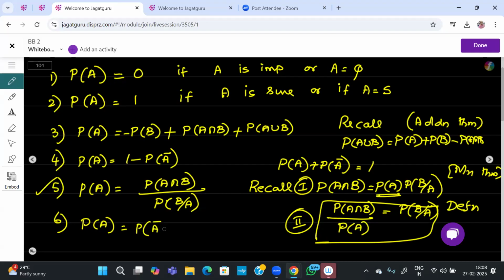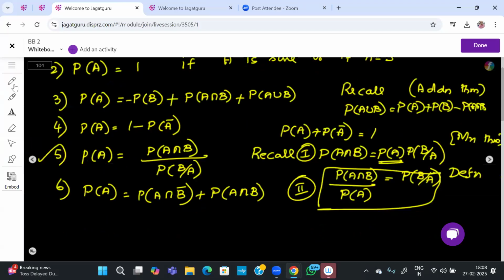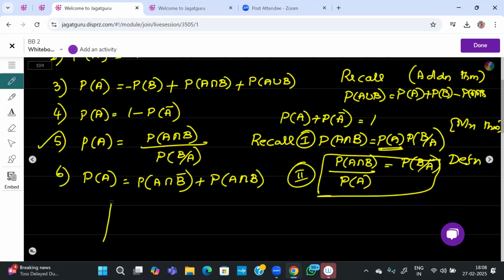A intersection not B, plus A intersection B. Very good, excellent. That's because A is actually the union of these two disjoint sets.